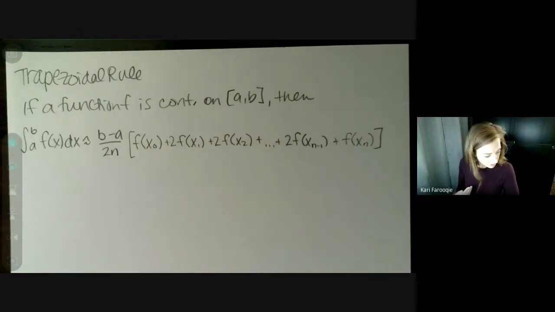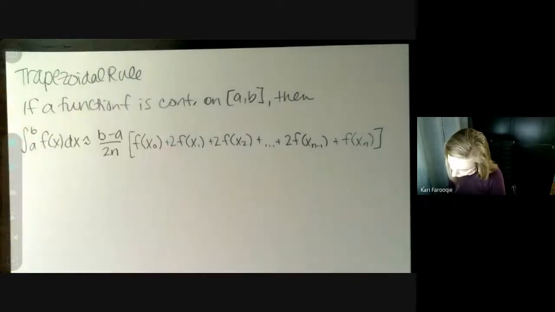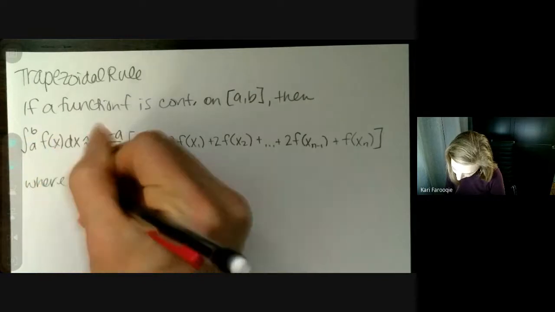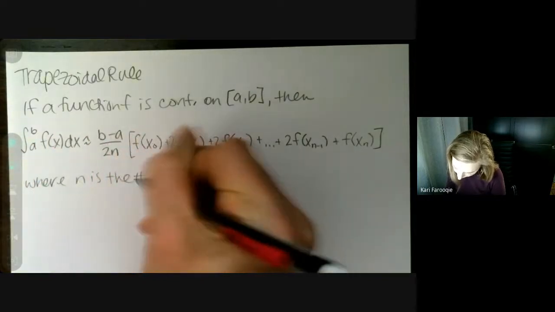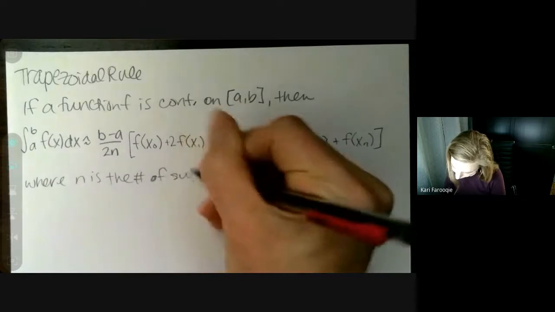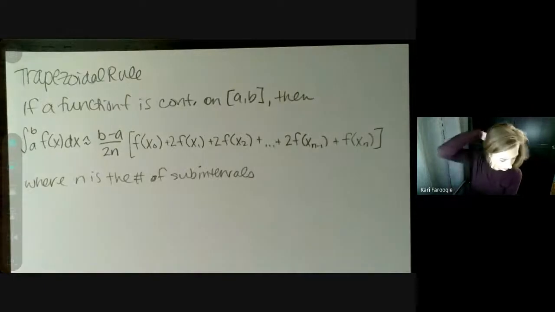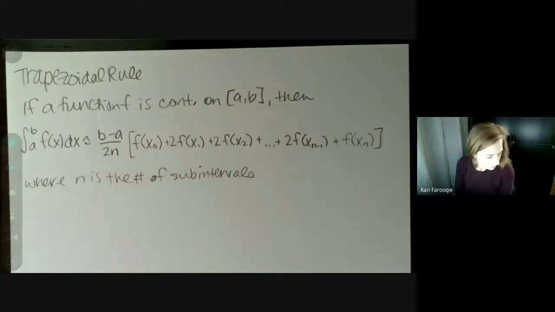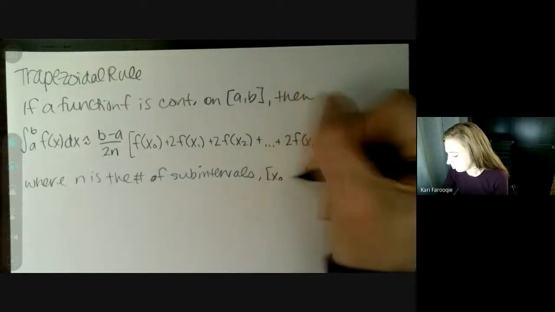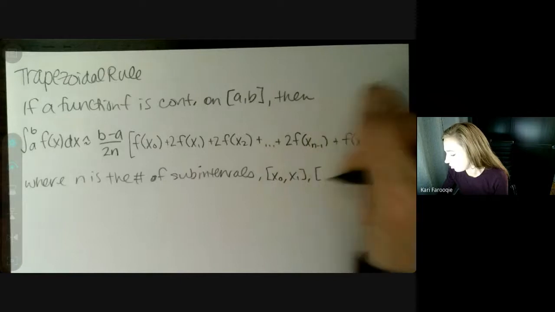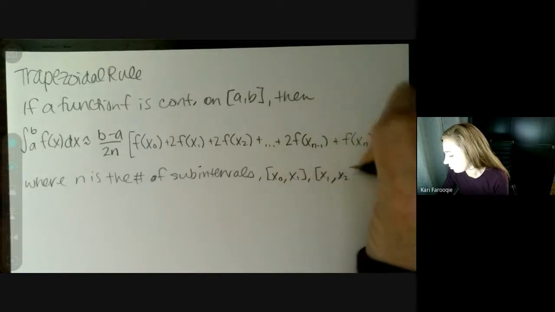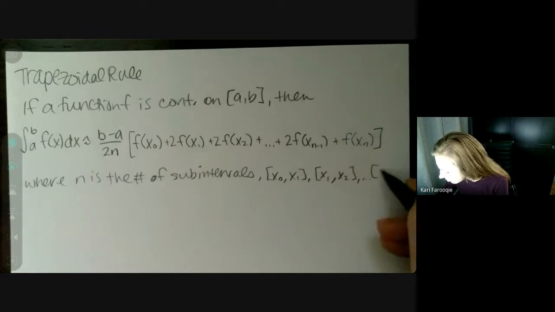And of course, this means that you're splitting a to b into n subintervals, where n is the number of subintervals. The subintervals you kind of know already, but I'll write them down again just because maybe they'll be helpful to you. You're going from x sub naught to x sub 1, x sub 1 to x sub 2, so on and so forth until you get to x sub n minus 1 to x sub n.